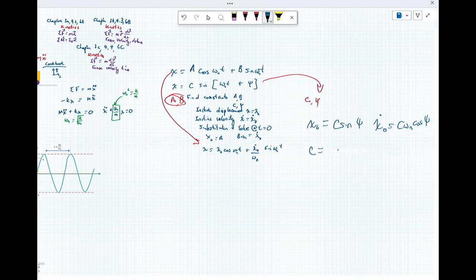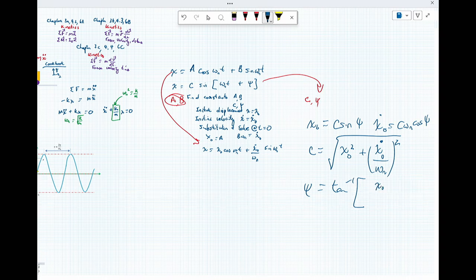C is equal to the square root of x naught squared plus (x dot naught over omega n) squared, and psi is equal to tan inverse of x naught omega n over x dot naught. Okay, that's a mess.